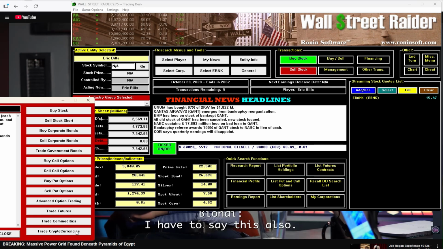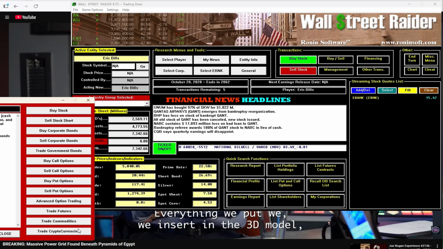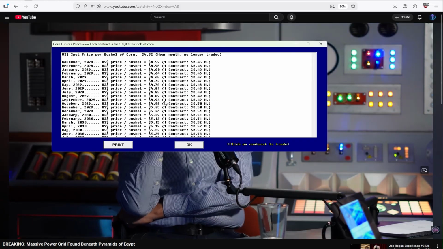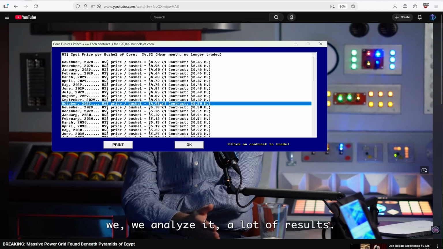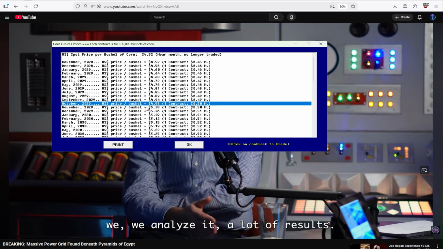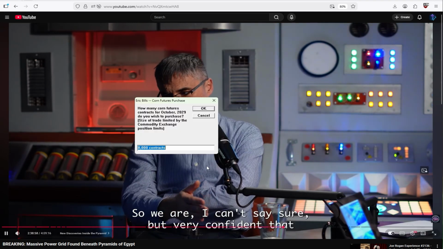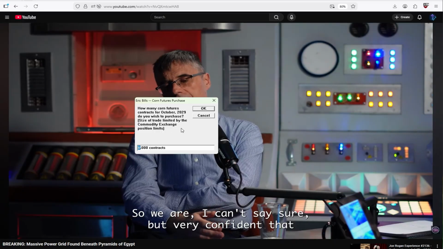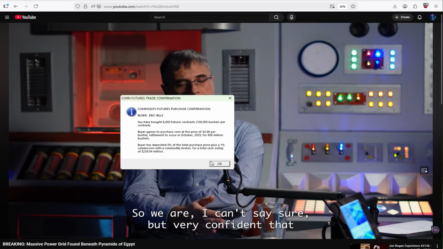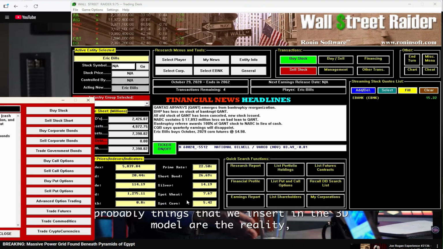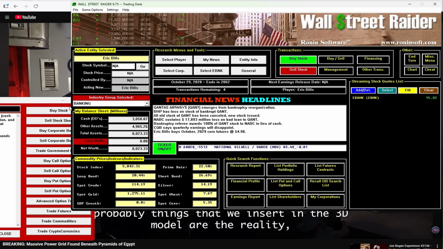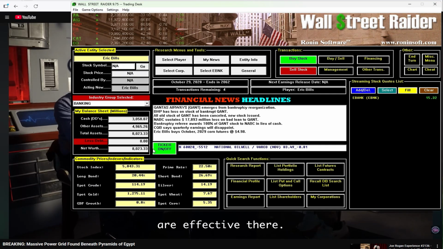I have to say this also: everything we insert in the 3D model, we analyzed a lot of results. So I can't say sure, but we are very confident that probably the things we insert in the 3D model are the reality, are effectively there.